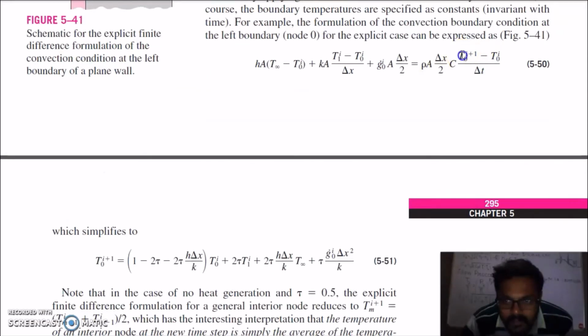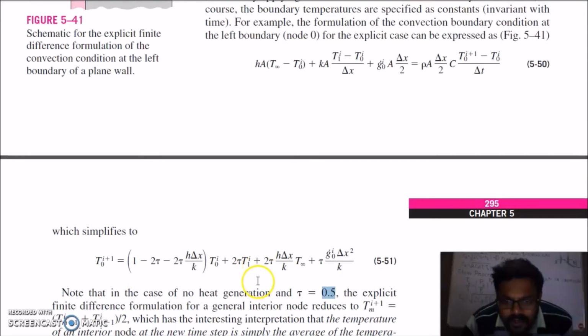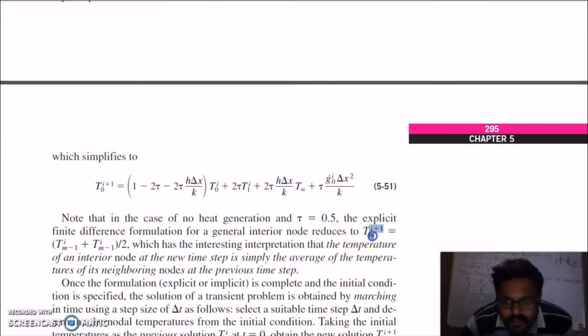So you can find this T0 at I plus 1 here, and you can replace the value of tau with 0.5 for no heat generation, and then your explicit finite difference formulation for a general interior node reduces to this equation here.